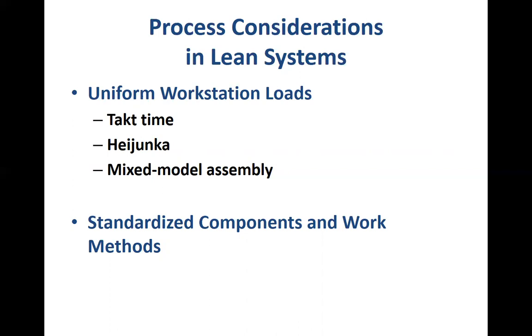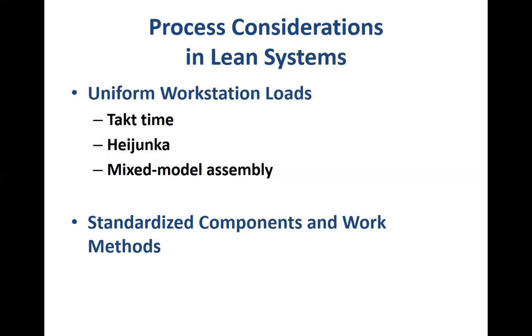Takt is a German term which refers to the beat at which the entire operation should run. And what we want is to determine what that should be, and then ensure that all these different workstations are working approximately around that beat.